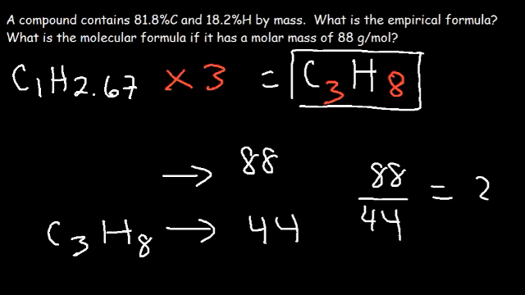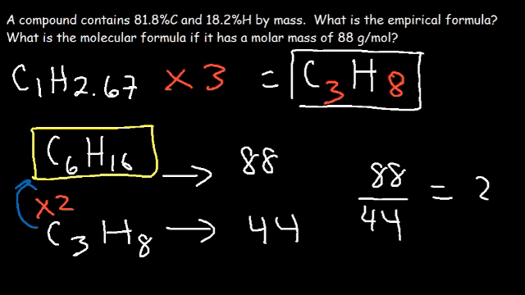So to find the molecular formula, we need to multiply the subscripts by 2. And if we do that, we'll get the molecular formula, which is C6H16. So here's the molecular formula, and here is the empirical formula, which has the lowest whole number ratios. So that's it for this problem.